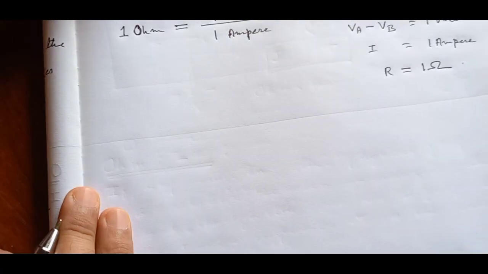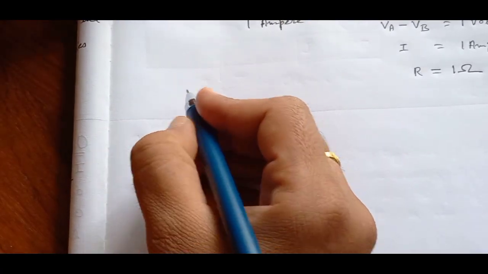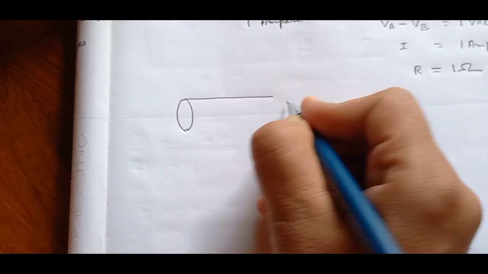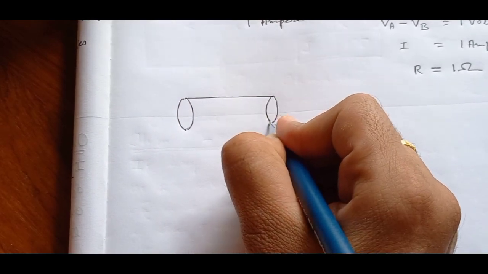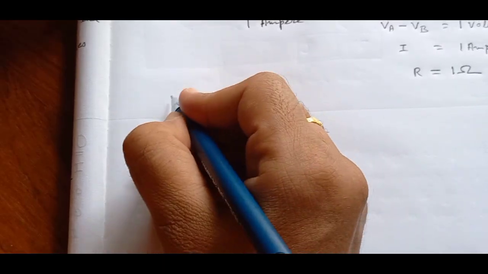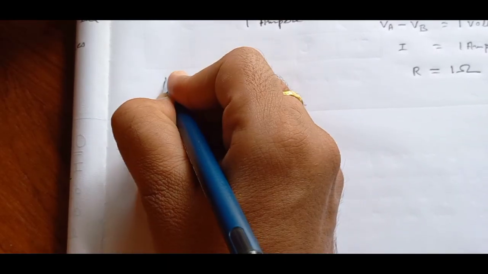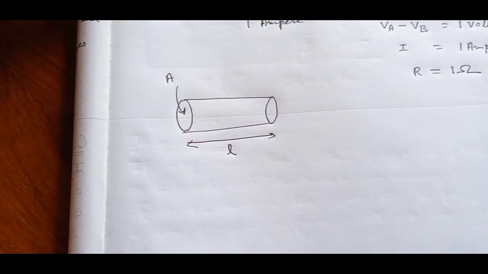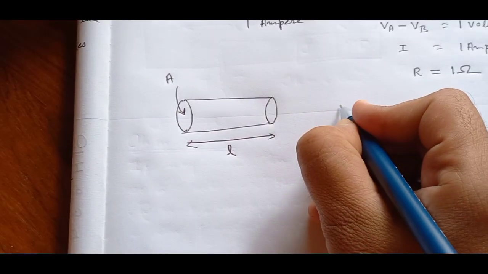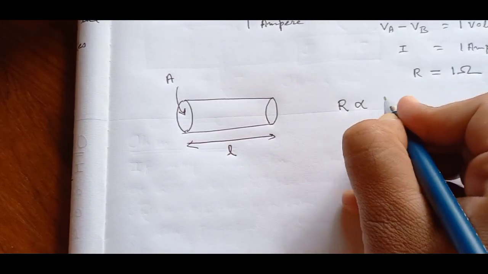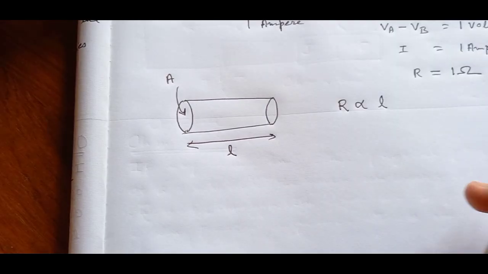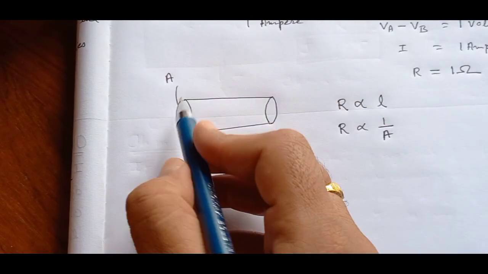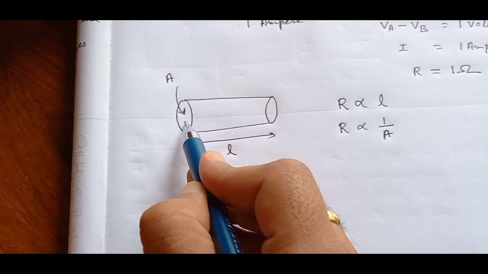Now, another form of resistance. Let us consider a conducting wire of cross-sectional area A and length L. The resistance of this conducting wire is always directly proportional to the length of the wire and inversely proportional to the cross-sectional area of the wire.